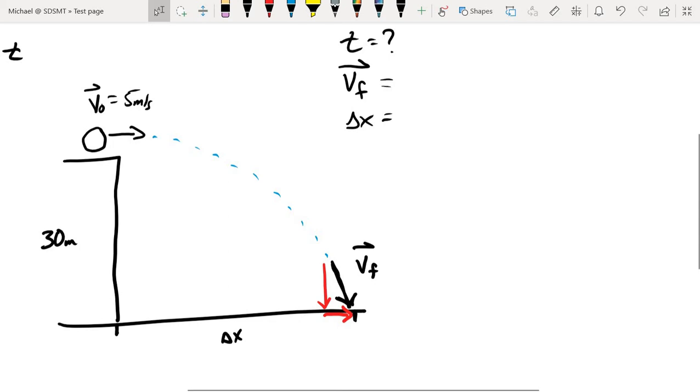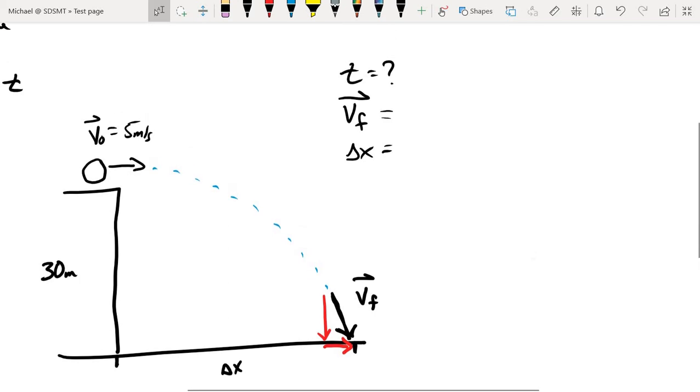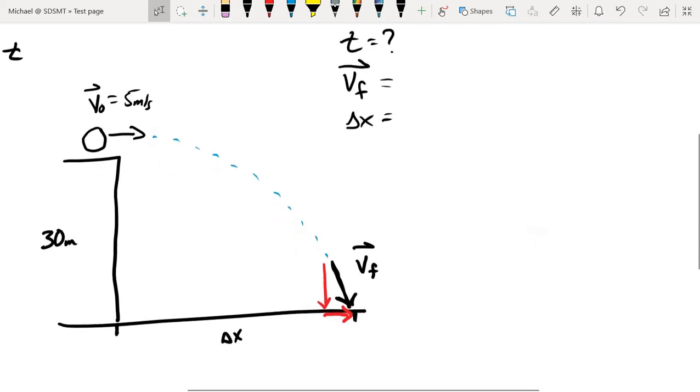Obviously we're moving through 2D space, but if I could solve for the kinematics of this moving object along the x-axis and then separately solve for the kinematics along the y-axis, I could later put all that information back together in two-dimensional form.